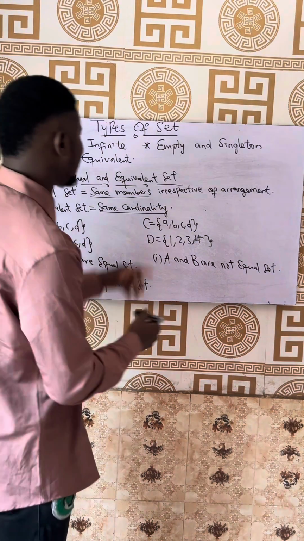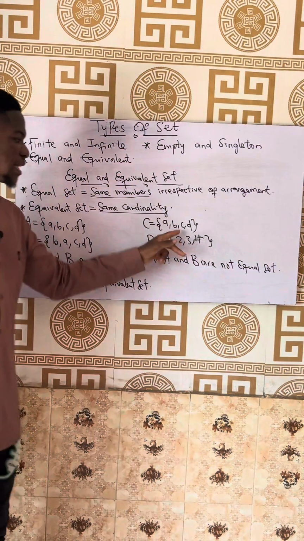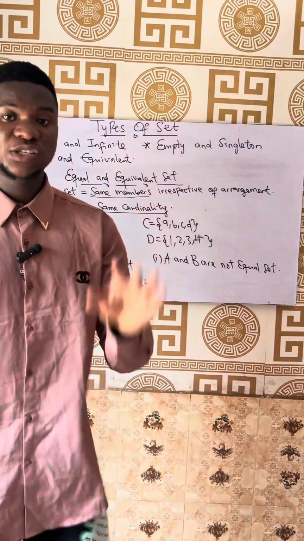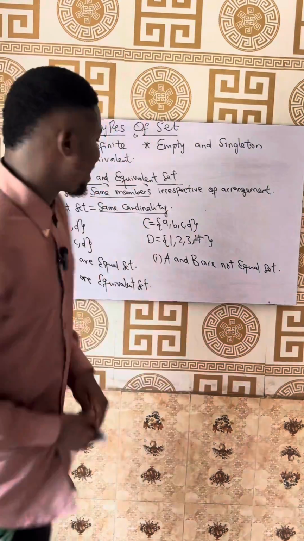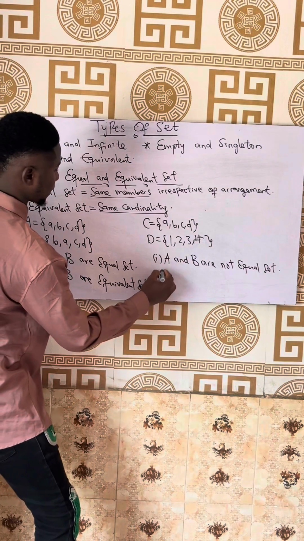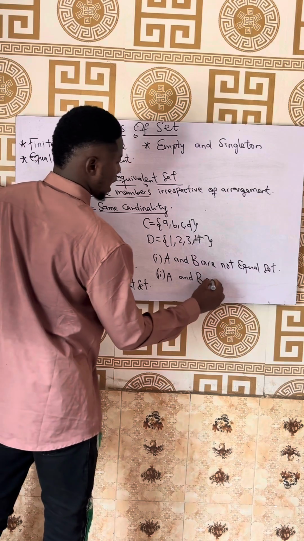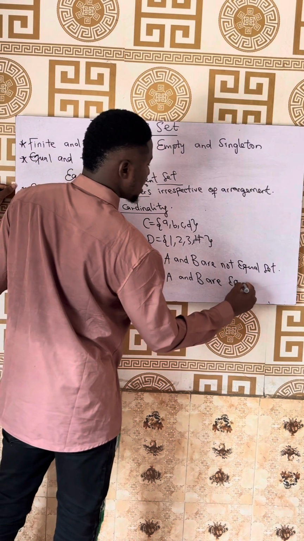But if I look at set C, I'll say that the cardinality of set C is 4. If I also look at set D, that simply means that the cardinality of set D is also 4. Then I'm going to say that C and D are equivalent sets.